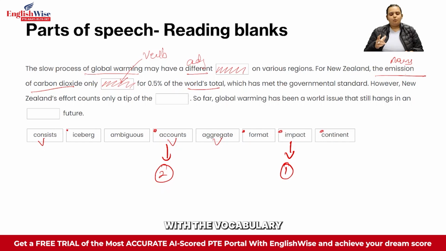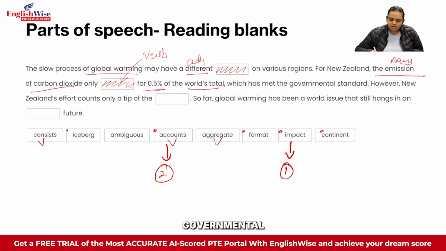Plus, if you go with the vocabulary of the sentence, they are saying that New Zealand's carbon dioxide emission is responsible for 0.5% of the total carbon emission in the world. So it is taking a responsibility there. So when I talk about responsibility, I say accounts for over there. So that was my second answer. I have given you the explanation based on grammar and on vocab. So make sure you take notes of that.